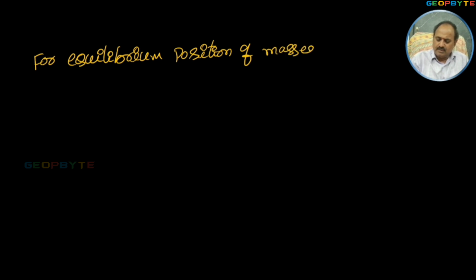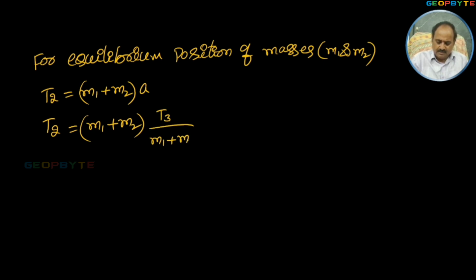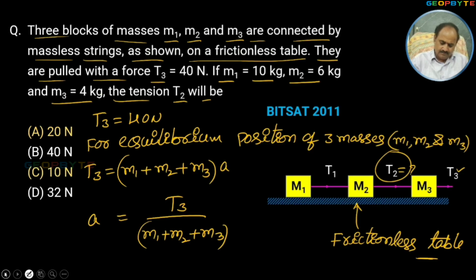For the equilibrium position of the two masses, namely M1 and M2, I can write T2 equal to M1 plus M2 multiplied by acceleration. Just now we have decided acceleration is T3 by M1 plus M2 plus M3. Now let us substitute all values. M1 is given 10 kg, M2 6, M3 4.